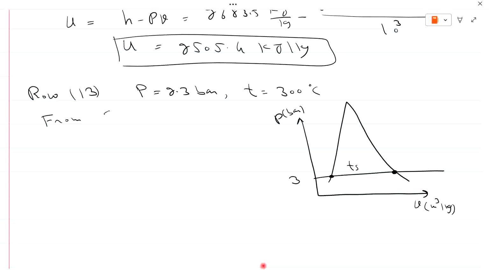So from the saturated steam table at pressure equal to 2.3 bar, saturation temperature is equal to 120.2 degrees centigrade.